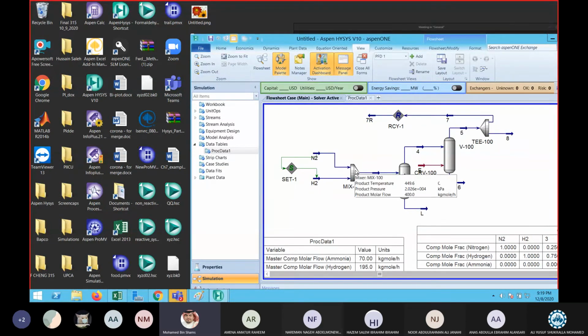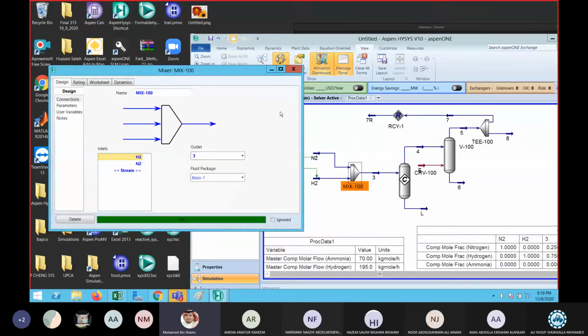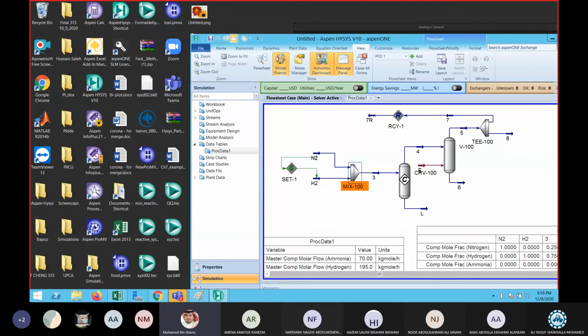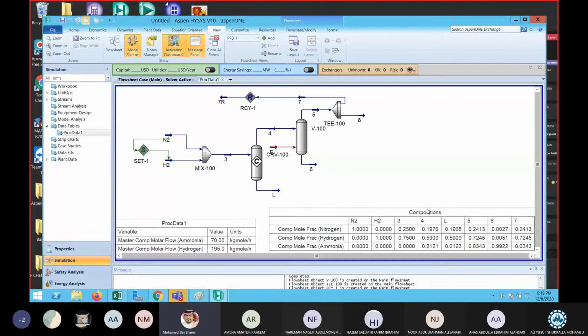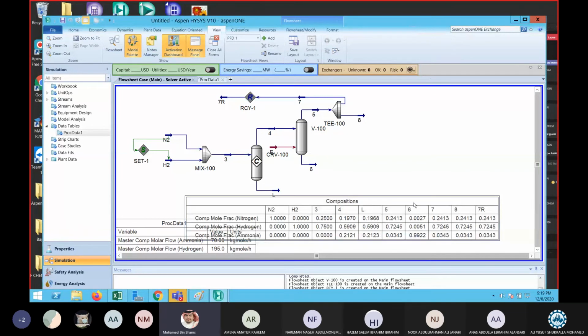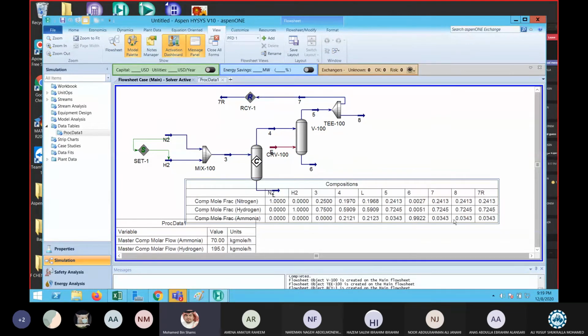However, when I go to the mixer now and bring 7R, all that I have explained will happen. An iteration will take place now. Before I do this, let me show you the compositions. Look at 7 and 7R, guys.